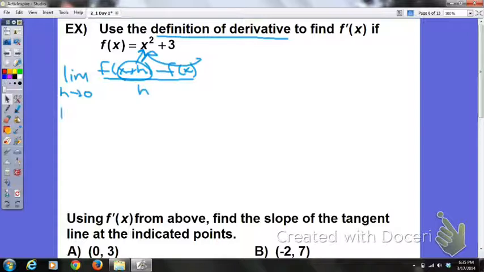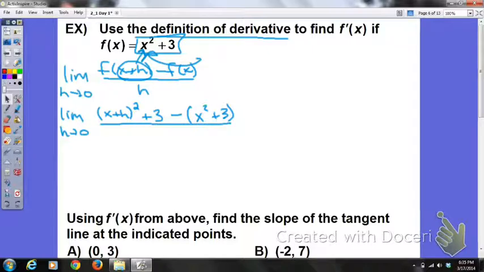So we need to find the limit as h approaches 0 of x plus h quantity squared plus 3. That's the plug of the x plus h into the original. And then I'm subtracting the whole original function. So minus the quantity x squared plus 3 all over h.